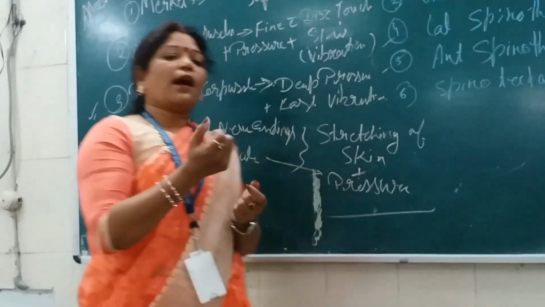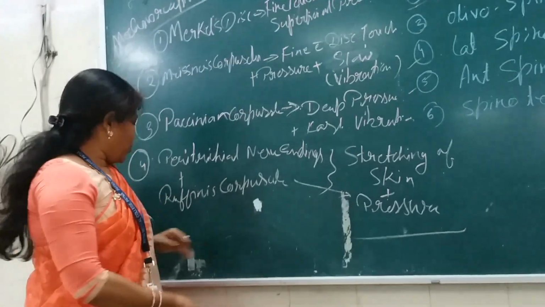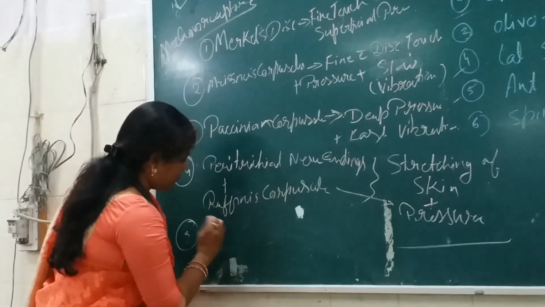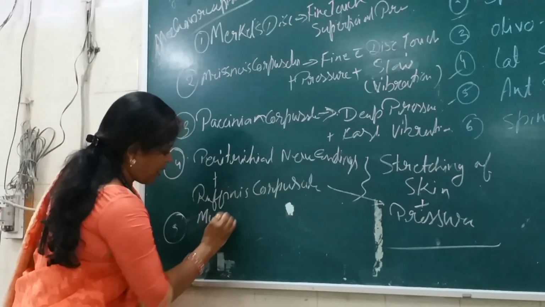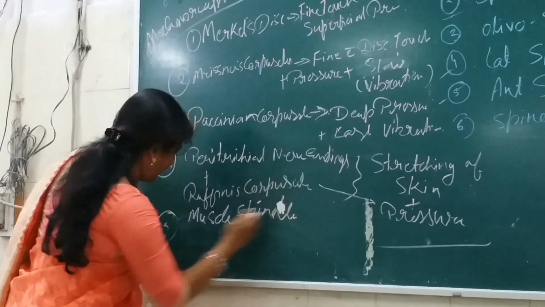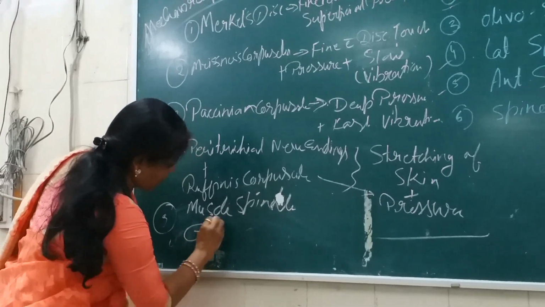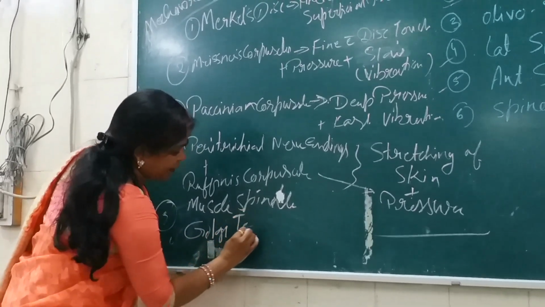So where are these sensory receptors present? These are present in the muscle spindle and the Ruffini's and the Golgi tendon organ.